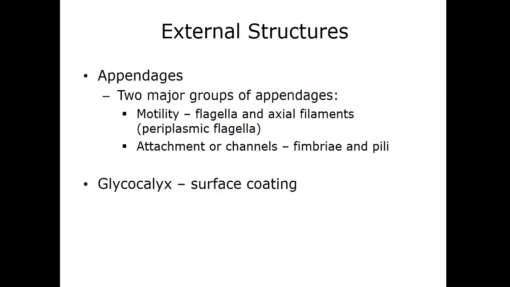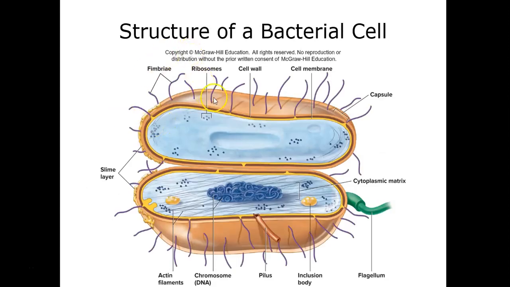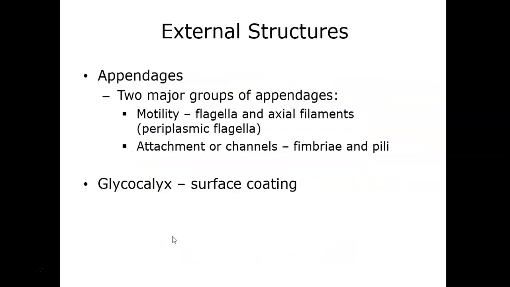So on the outside of the cell, we're going to start on this kind of brown layer that you see out here, this external layer. We're going to talk about these particular structures. There are two different functions of the appendages that are found on the external parts of a bacterial cell. One of the functions is for motility or movement.